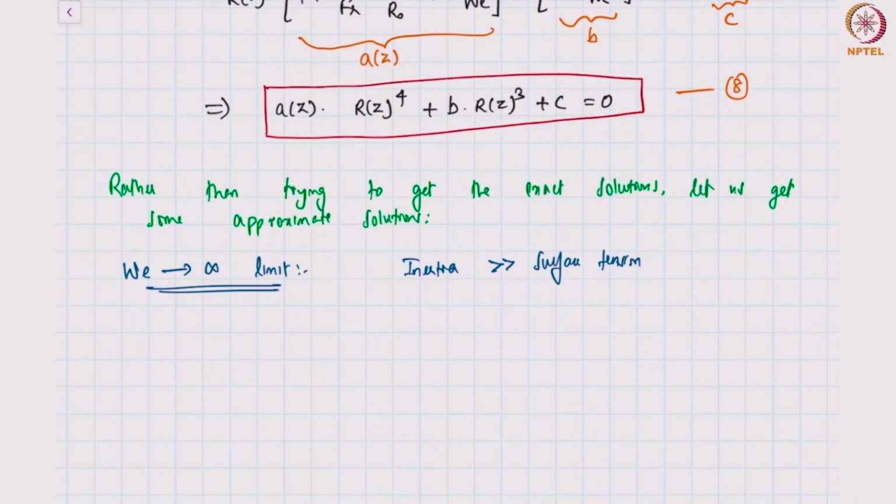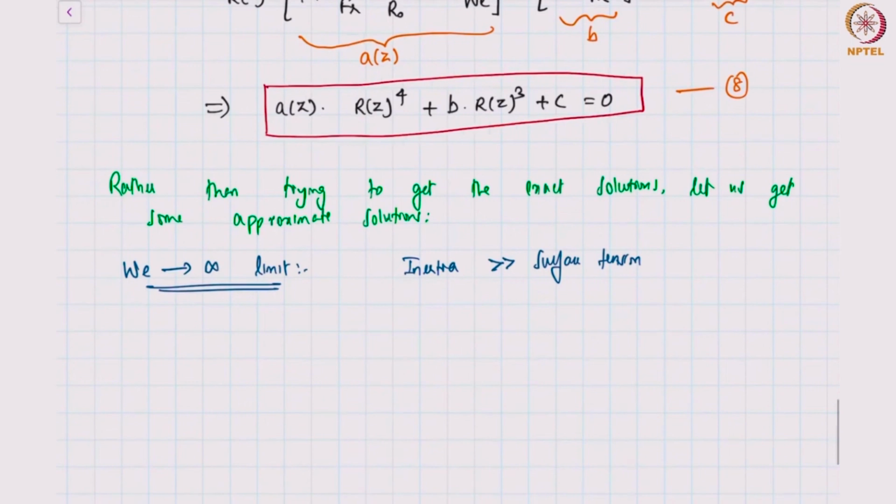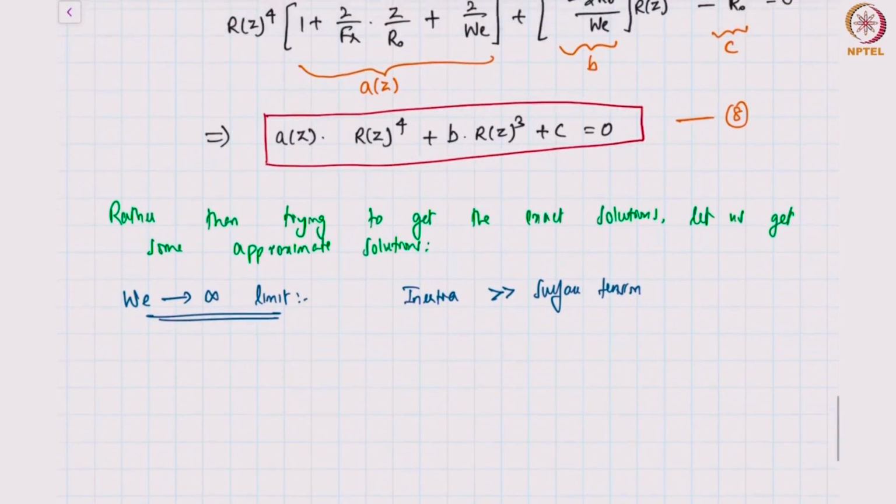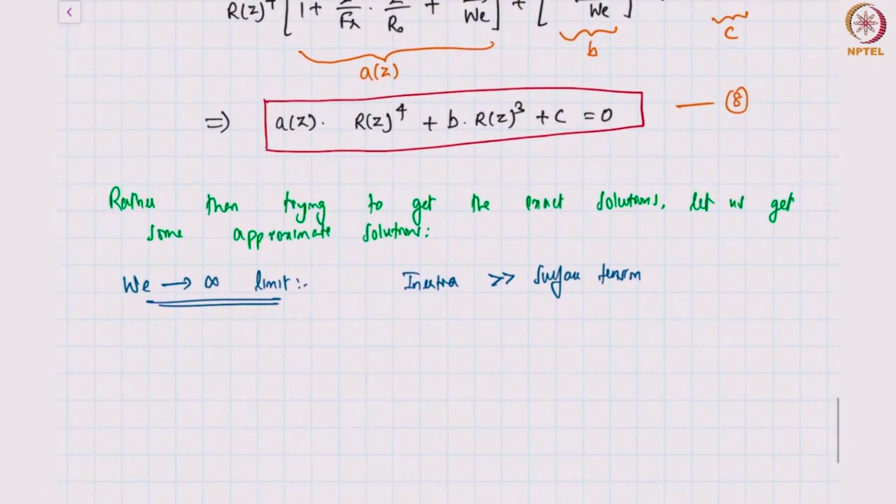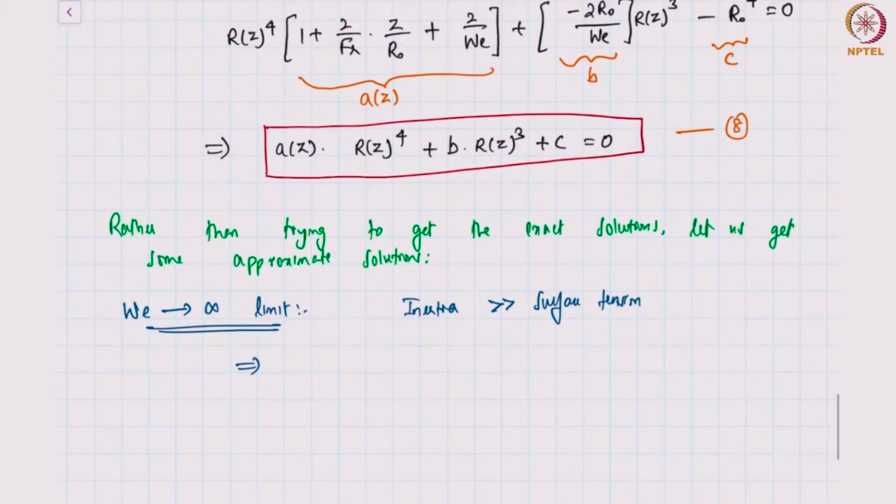So gravity is the driving force which is pulling it down, and that causes an acceleration and generates inertia in the system. So if we do this, now since Weber number is large, this automatically means 1 by Weber number is very small, basically goes to 0.